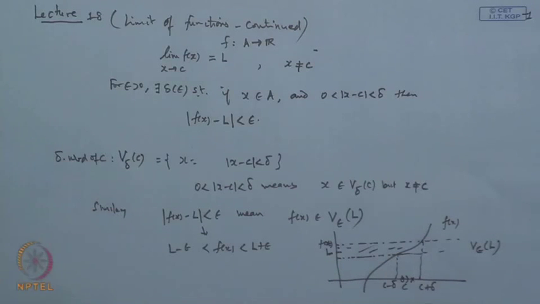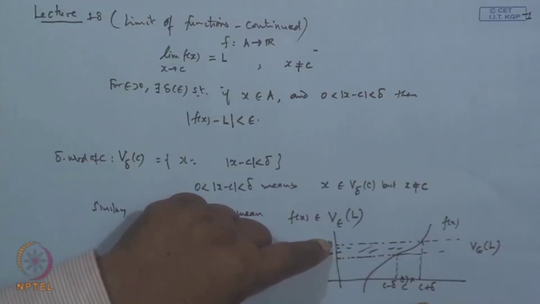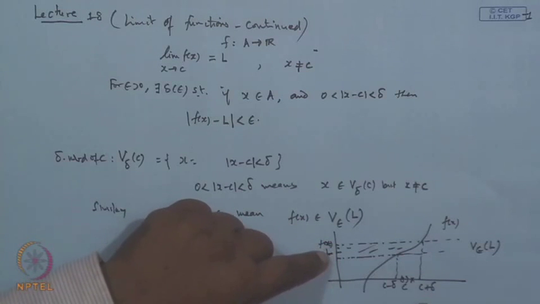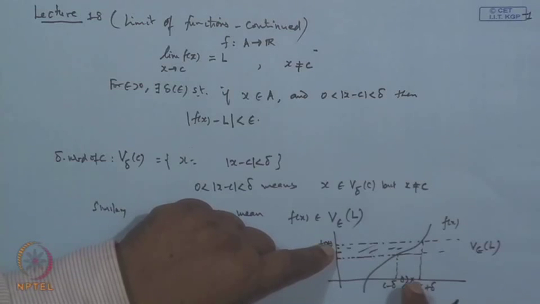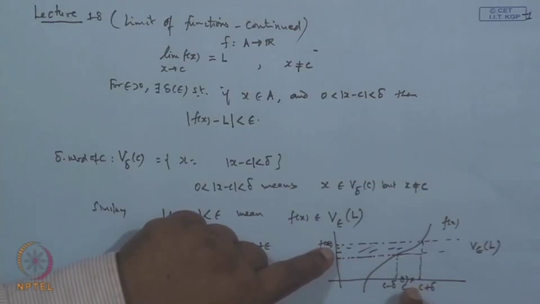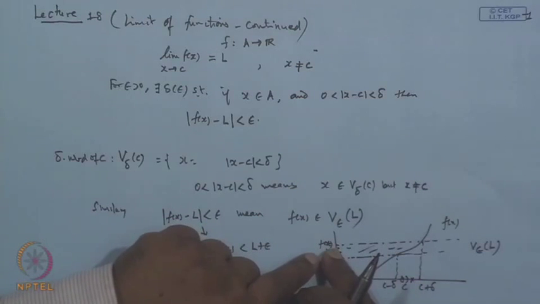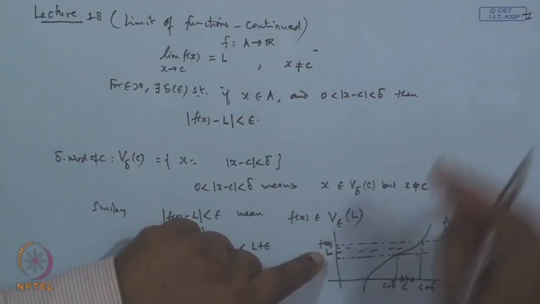If it is not so, then obviously the limit of the function f(x) when x tends to c will not exist. It means that there will exist some epsilon neighborhood of L such that for any delta we choose, there will be an x for which the value of the function lies outside of this range.